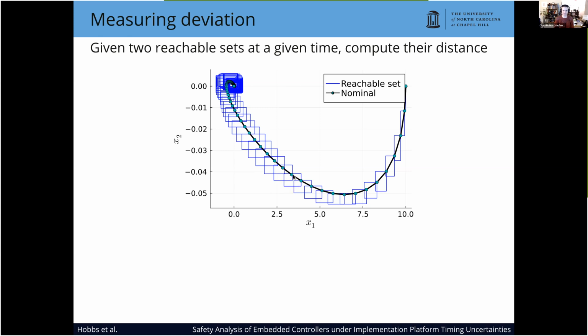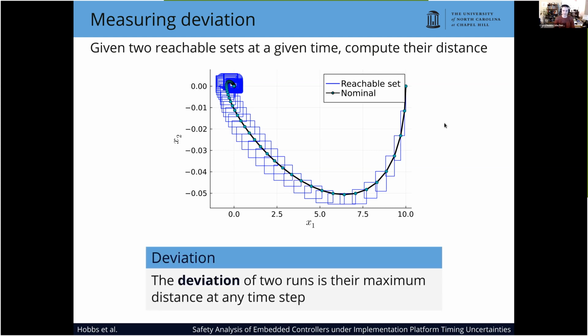So essentially we need to compute the distance from a dot to a rectangle. And then we say that the deviation of any pair of runs is their maximum distance at any time step.